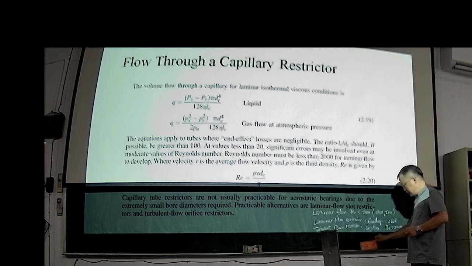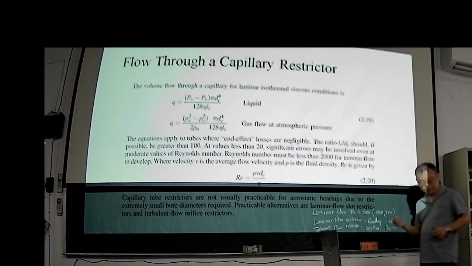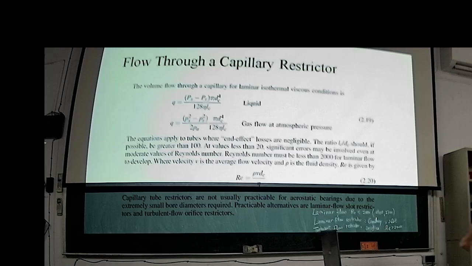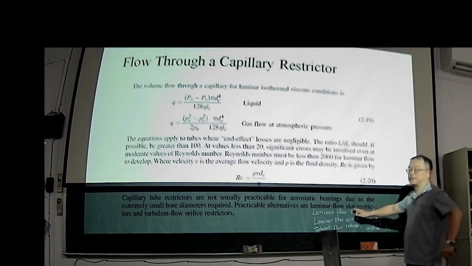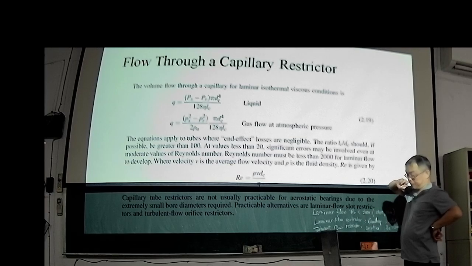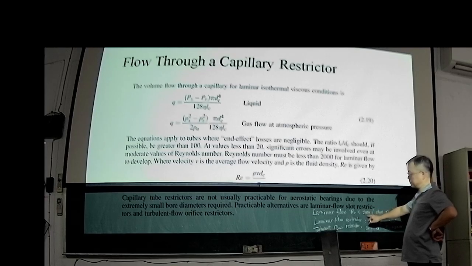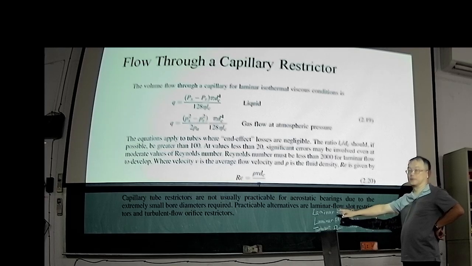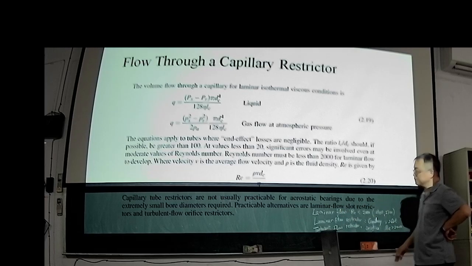So this is the constraint for laminar flow. For laminar flow, you can check the Reynolds number. If the number is smaller than 2000, we call it the region of laminar flow.